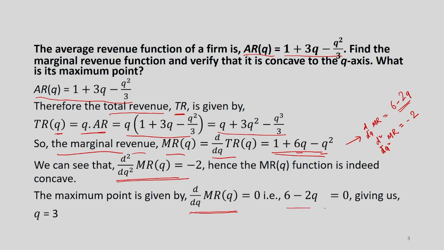So 6 minus 2Q is equal to 0. If I solve that for Q, I will get Q is equal to 3. And this point is actually the maximum point. It is not the minimum point or an inflection point, because I have already seen that the MR function is concave.